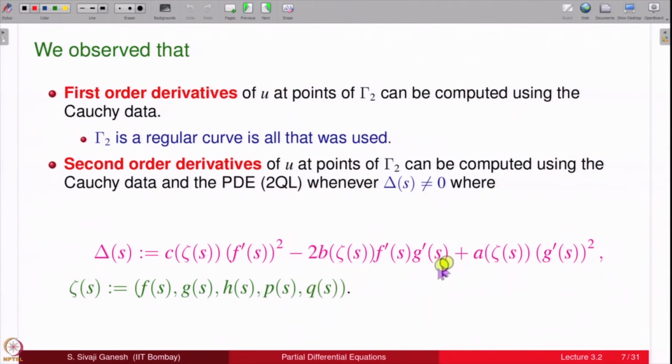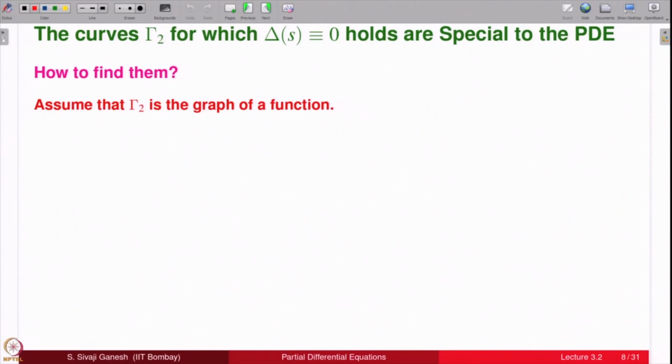We have already solved for p(s) and q(s) using chi and h. Therefore, this makes sense and we can ask this condition. If delta s is not 0, then we can compute second order derivatives, and we have also shown that higher order derivatives can also be computed. No further extra conditions are needed.